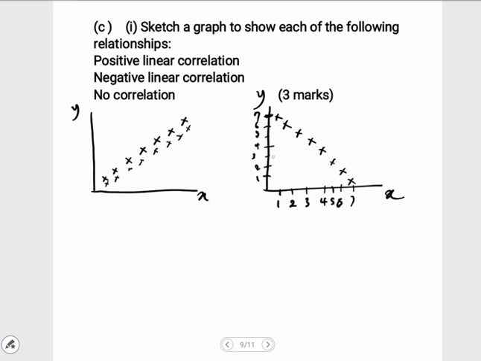When y is equal to 6, our x becomes 2. You can see that y is decreasing, x is increasing.